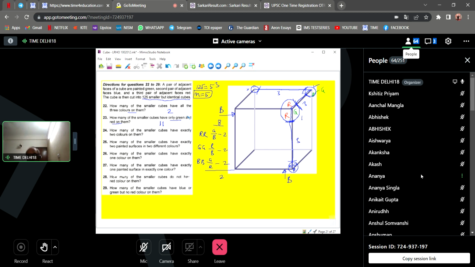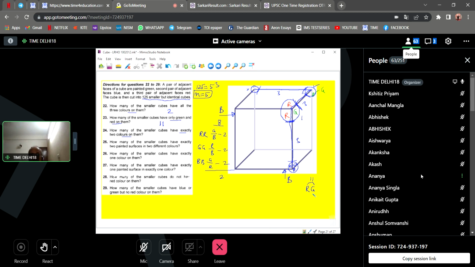Question number 23. Question number 24. How many of the smaller cubes have exactly 2 colors on them? Here, in question number 23, we worked on red and green, 2 colors. How many pieces we got? We got 11 pieces.